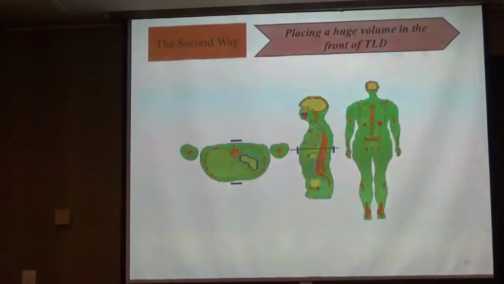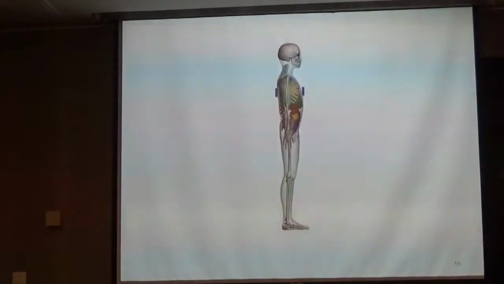One LiF TLD was placed on the chest and the other TLD on the back of the phantom. The response of these TLDs was calculated for 25 photon energies, ranging from 0.01 to 10 MeV, in one TLD and the other.